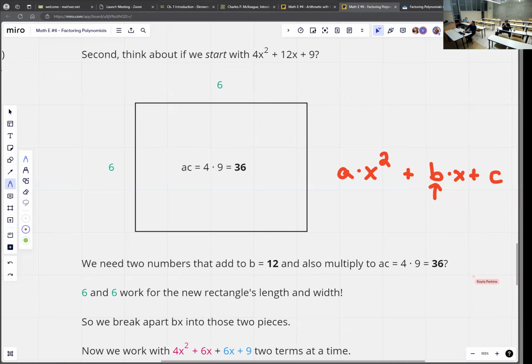So I want two numbers that add to 12. Let me pick a different color. Everyone see where the 12 is coming from?